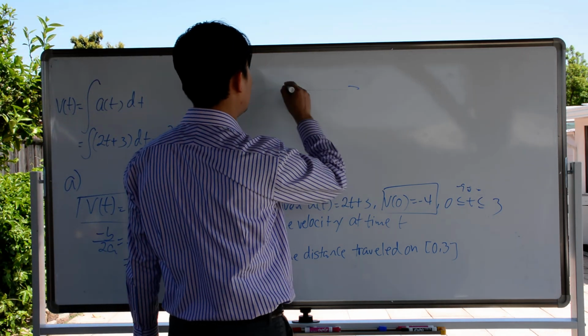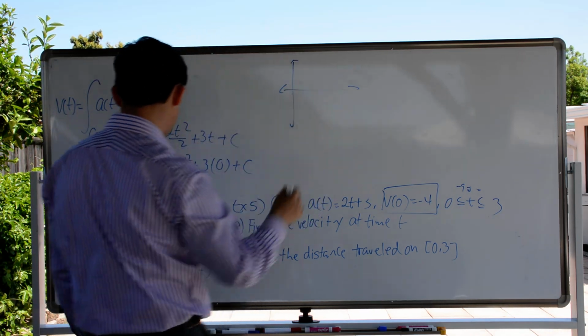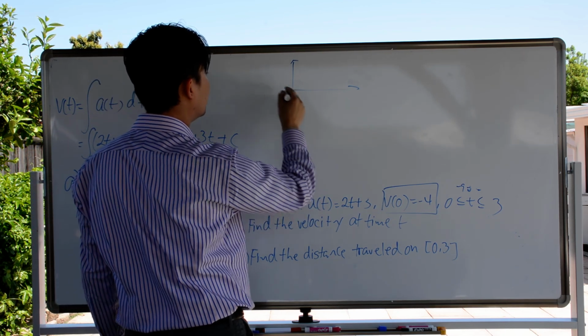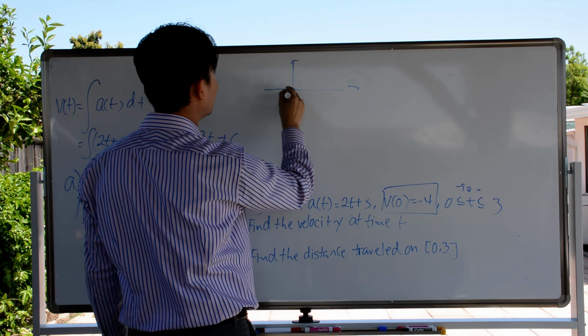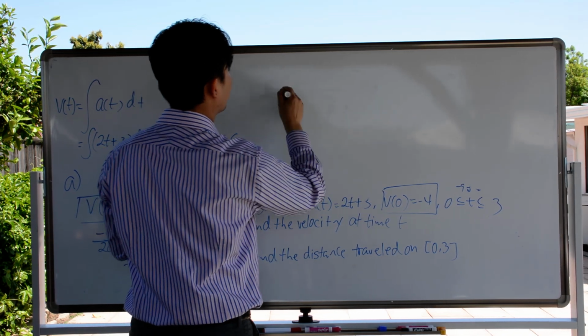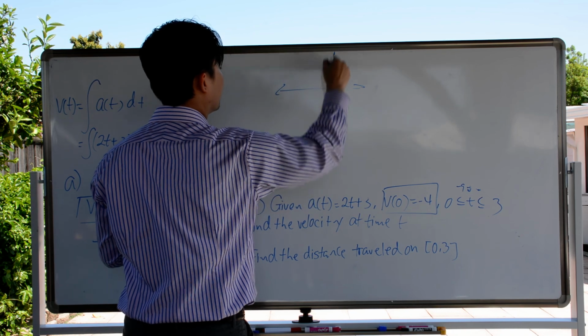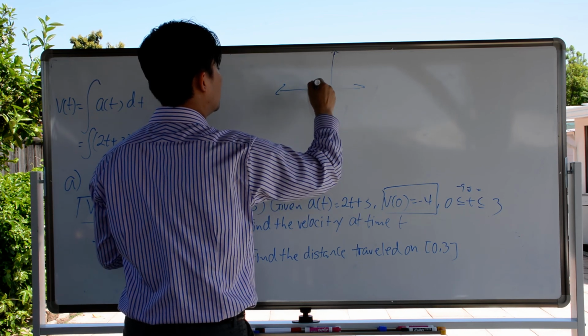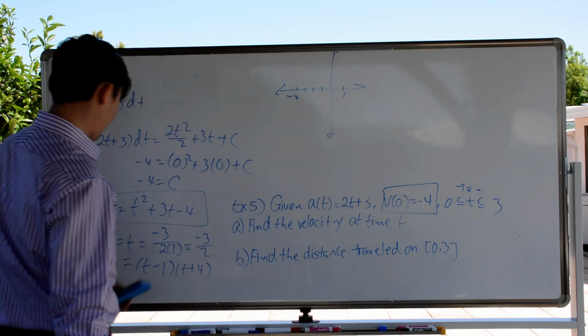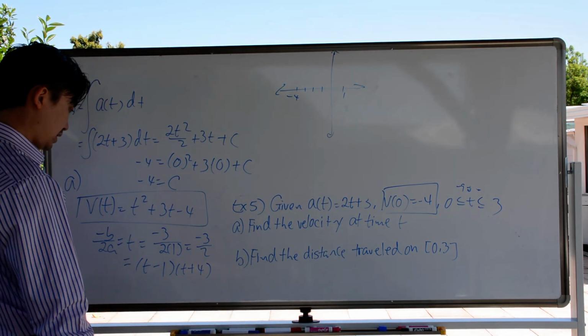So sketching the graph, for the zeros we have 1 and negative 4. Let's start over here. So 1, 2, 3, 4, negative 4. Here's 1. And then the vertex is located at negative 3 halves.